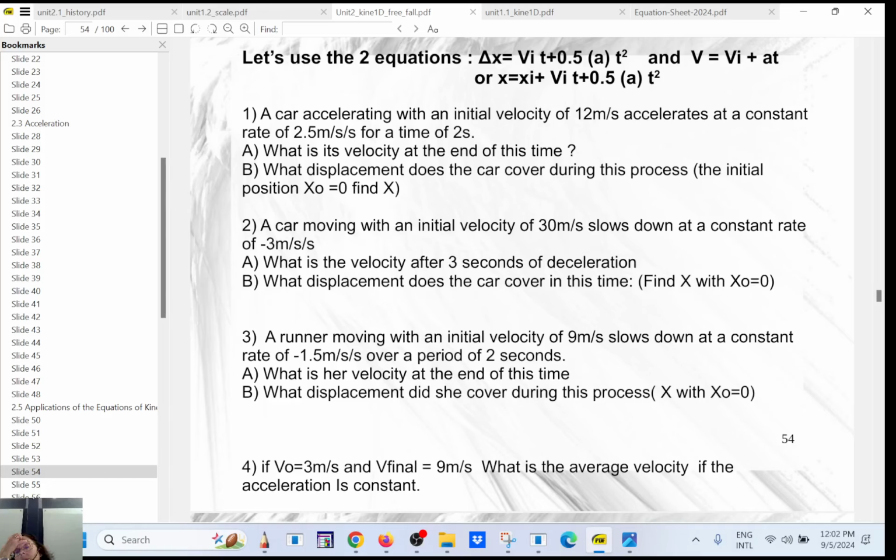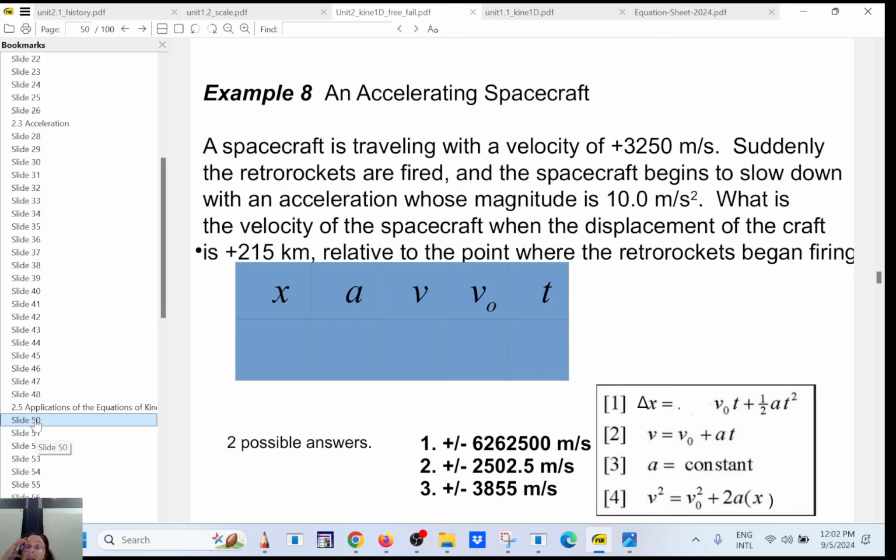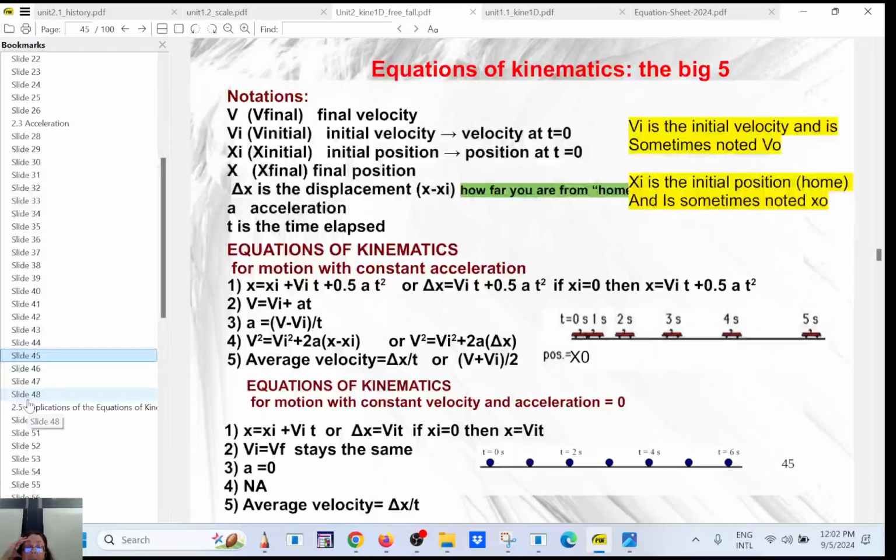Remember that the acceleration is constant, right? So if you want to find the average velocity and you have the initial and the final, how do you do that? Remember, if something increases at a constant rate, how can we find the average velocity? You do final plus initial, divided by 2, because it's going to be the midpoint.